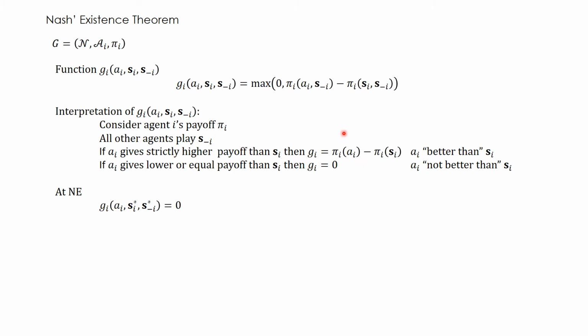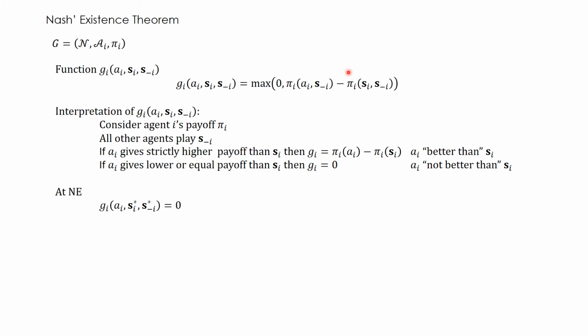And this difference, suppose AI, this pure action, fetches a higher payoff for agent I than this mixed strategy, then this difference is positive. And so this thresholding max 0 comma difference doesn't make any changes. So what this function yields is the difference between the payoffs, which is positive because action AI yields a higher payoff for the same agent than the mixed strategy S sub I.